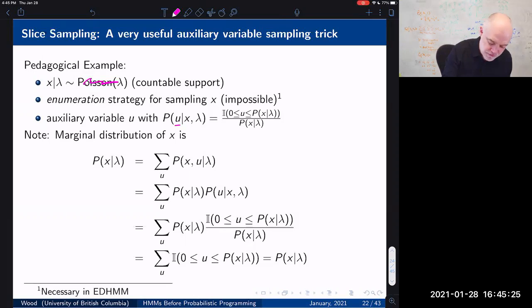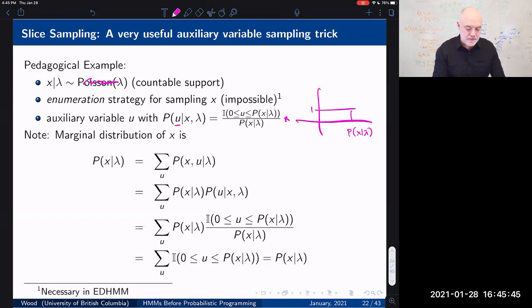So P of u, this is the auxiliary variable we were just talking about, given X and lambda, has the following density, which is 1, so this is just a uniform distribution. It's 1 in the range up to the density value of P of X given lambda.